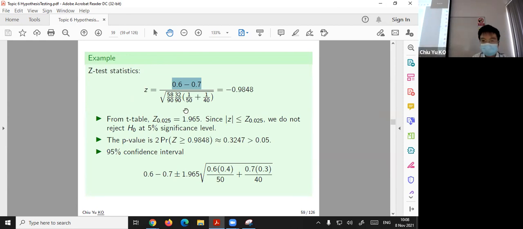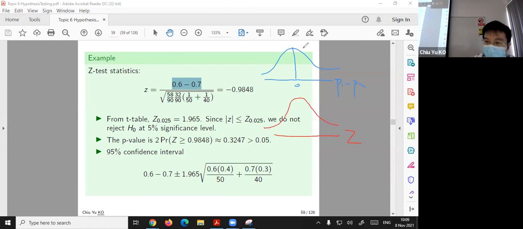Just to remind you what's going on here, we have P1 minus P2, assume they're 0, and we need to convert it to a Z. What you get is negative 0.1, and you say we're doing a two-sided test.